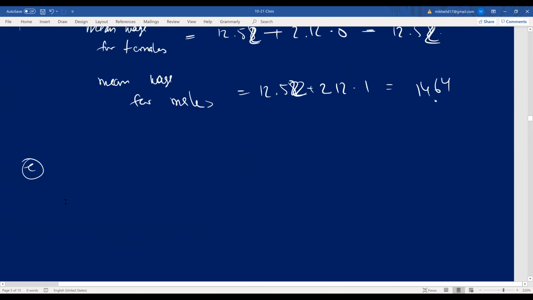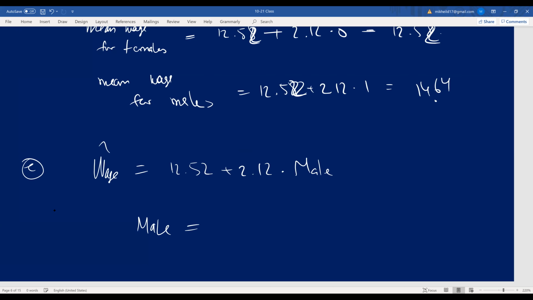And that's easy to do because we have wage hat equals 12.52 plus 2.12 times male, and we know that male equals 1 minus female, because we defined male as 1 if individual i is male, and 0 if individual i is female.